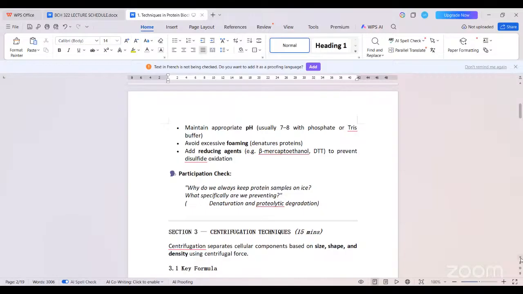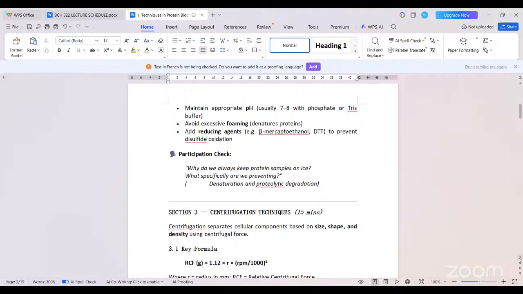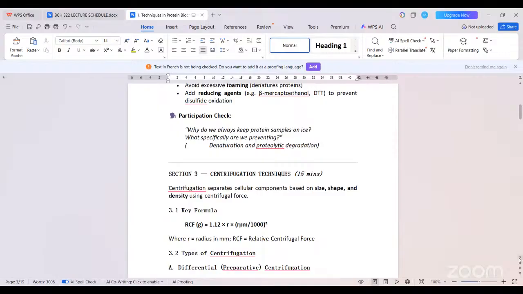So how do we get the protein of interest out of the solution that we now have, having disrupted the cell membrane? One, we could use centrifugation techniques. Centrifugation is a technique that separates based on size, shape, and density. And this is the formula.